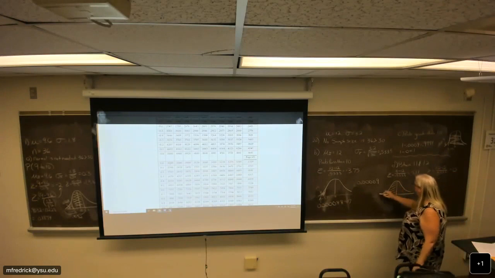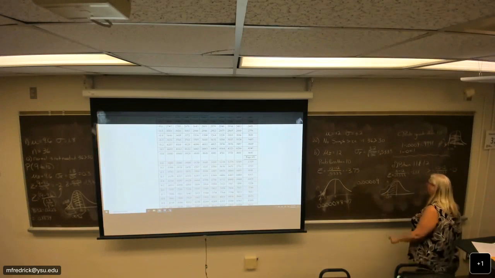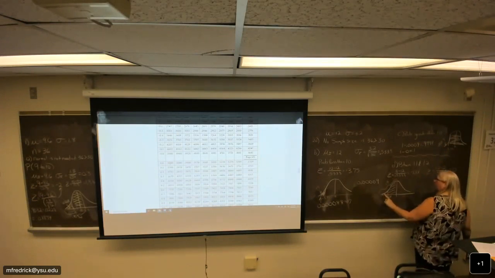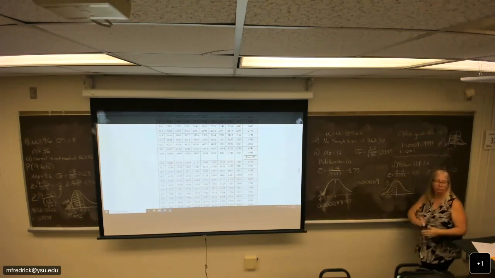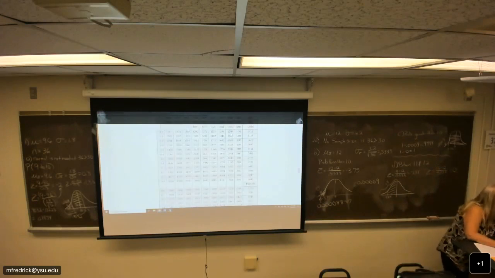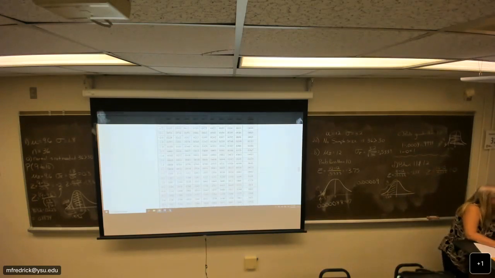So 0.5 is all of this. So we need to subtract this corner out. When we look this one up, that's the percent below. Was the negative 1.88. So here's the 8, then it goes, well, if you go to the end, it's a 9, 9, 8. So it's this.